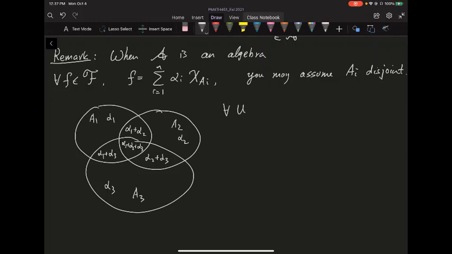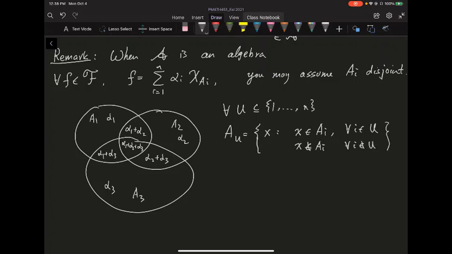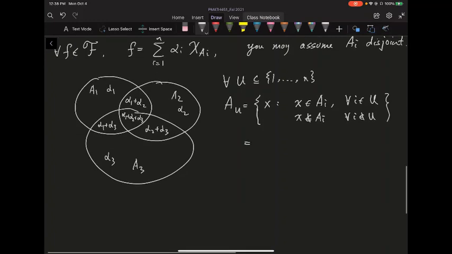So for every subset, let's say U contained in 1 to n, you can define a set, let's call it A sub U. That's basically all the x where x is in A i for all i inside U, and x is not in A i for all i not inside U. So this A sub U contains the intersection of all the A i where i is in U, and the intersection of the complements of those not in U. So you can really say this is just the intersection over i in U of A i, intersected with the intersection over j in U complement of A j complement.